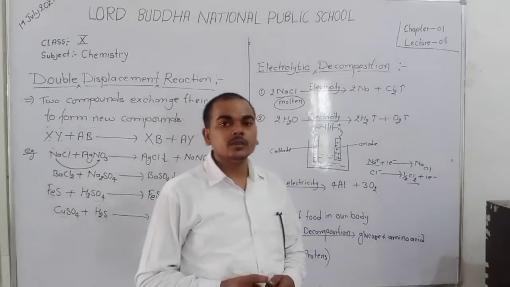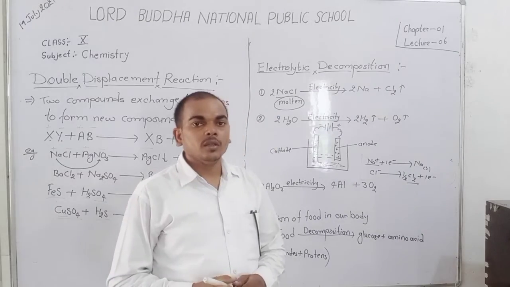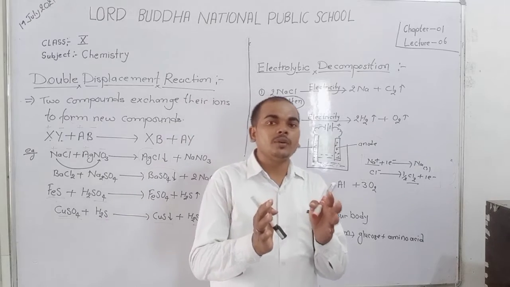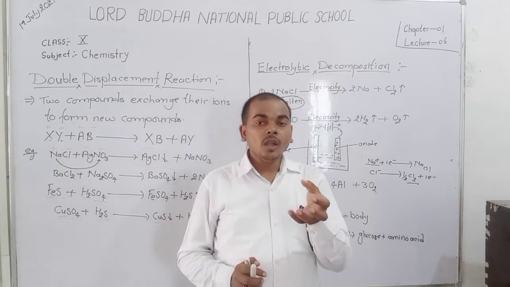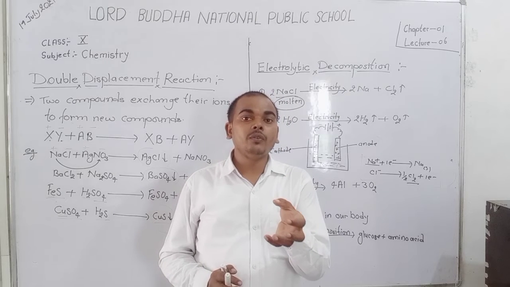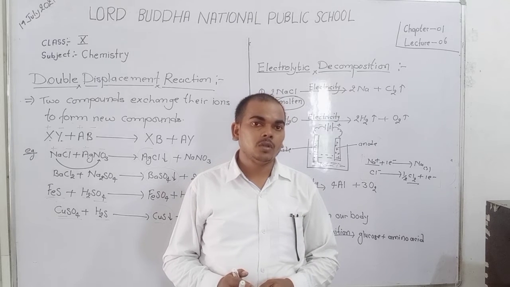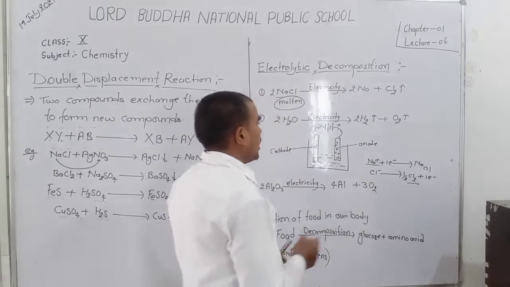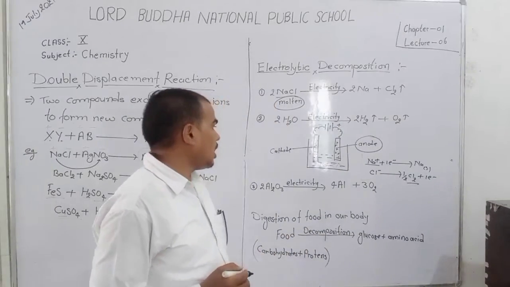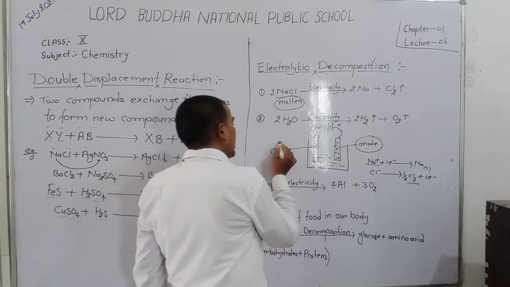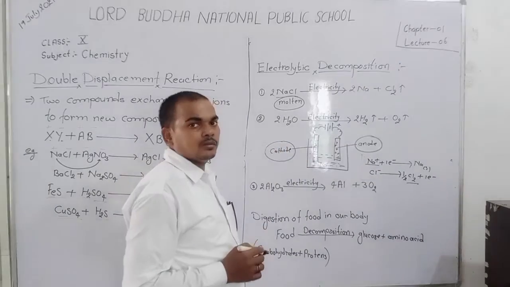Dear student, the positive terminal is the electron deficient terminal. That means the anode has electron deficiency, but the cathode has electron excess.